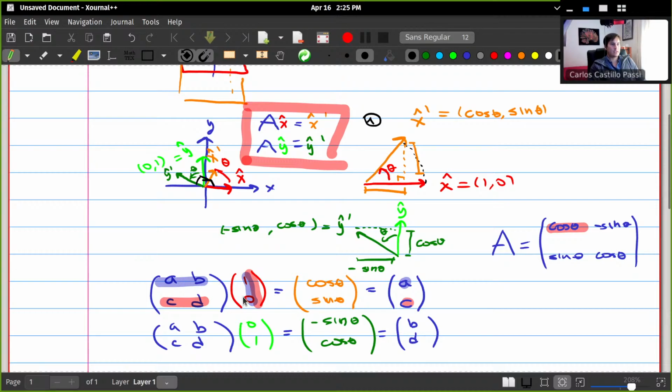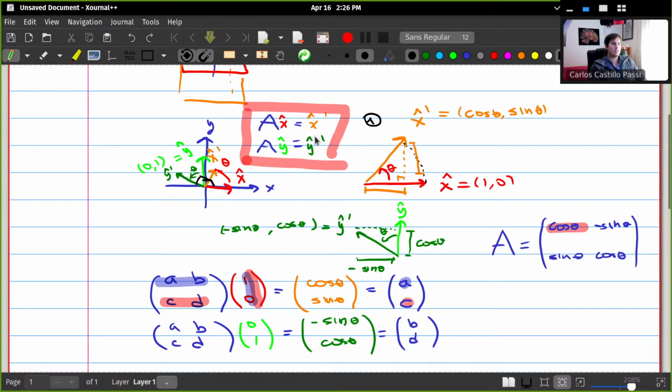If we do our matrix vector multiplication without considering this orange part, we see that the dot product between this and this will give us A, and then will give us C. That means that A equals cosine, C equals sine. If we do the same with y hat here, we can infer that B, or this component of the matrix, is equal to minus sine, and D is equal to cosine.